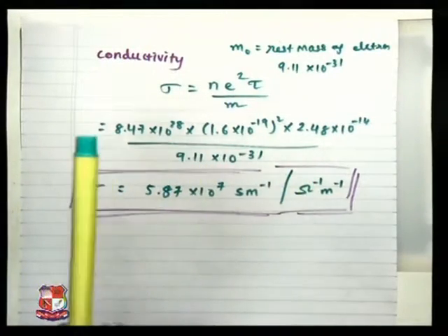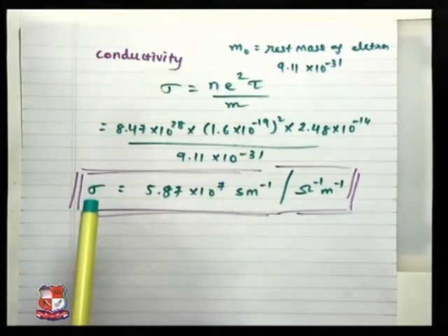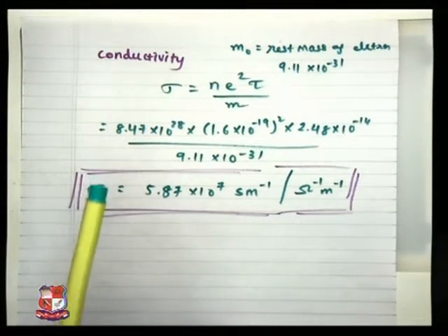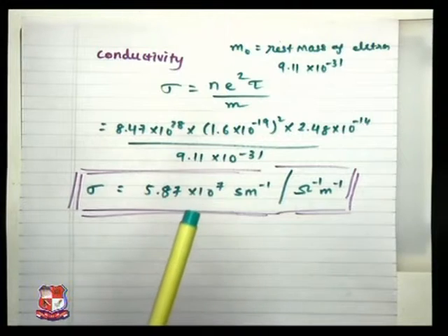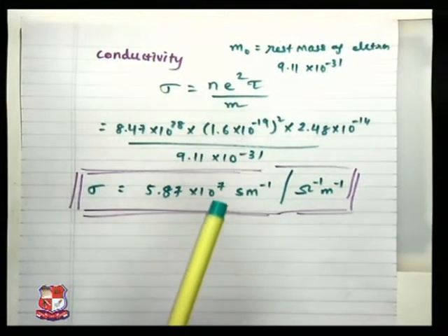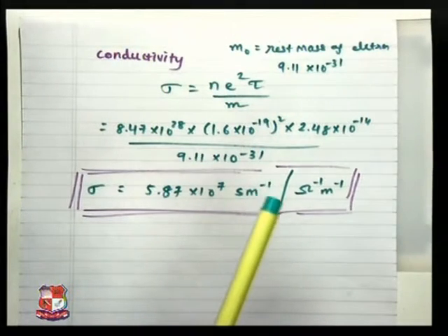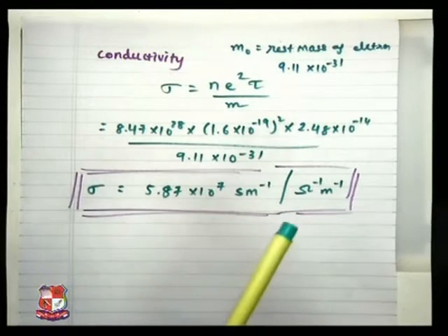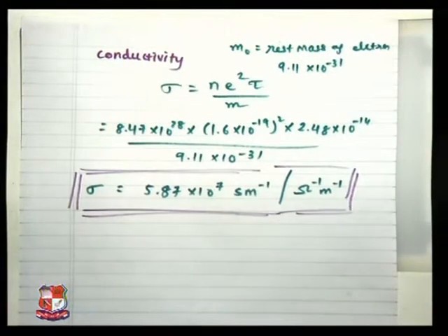By just calculating this term, we obtain the value of sigma, the electrical conductivity, which is 5.87 into 10 raised to 7 Siemens per meter, S meaning Siemens, or another unit for electrical conductivity is ohm inverse meter inverse.